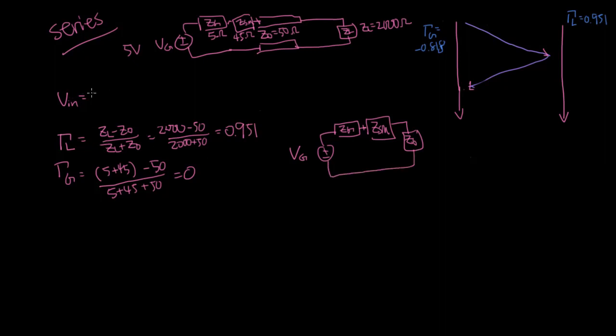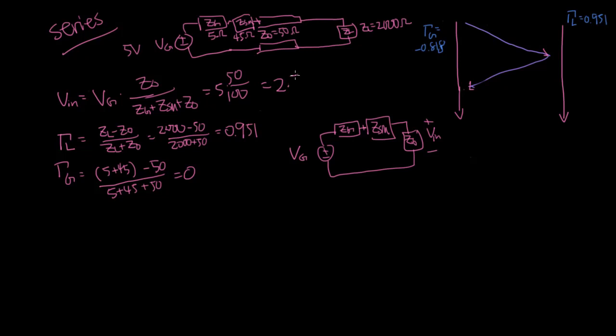And so the voltage divider in this case, this is your Vn, is now going to be Vg times Z naught over Zg plus Z series match plus Z naught, which is going to be 50 over 100, because this is 50 and that's 50, times your 5-volt input.